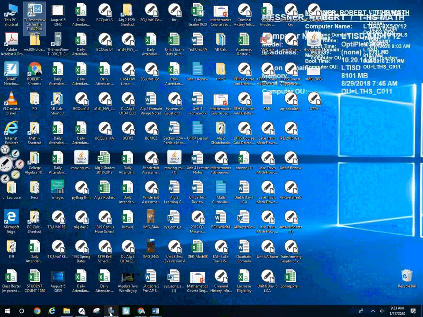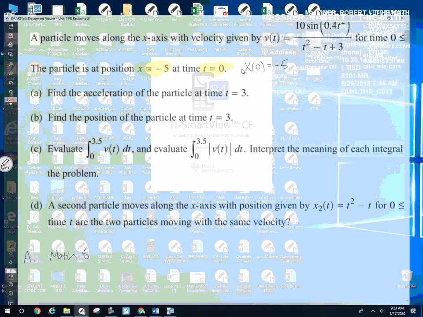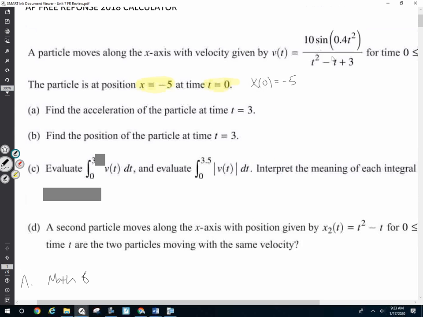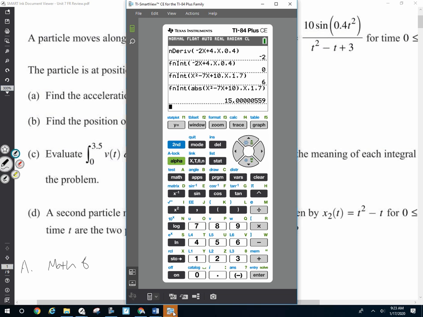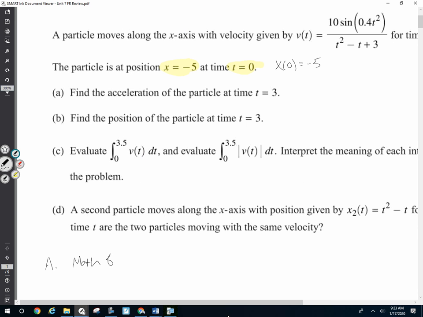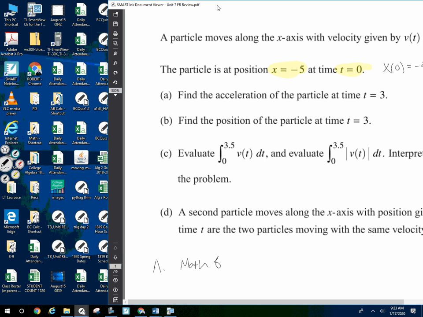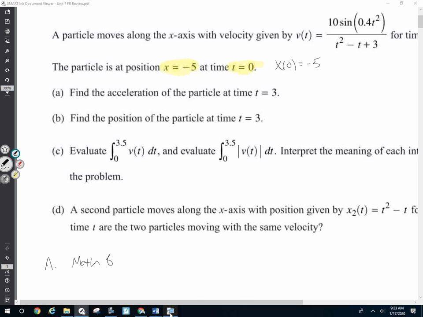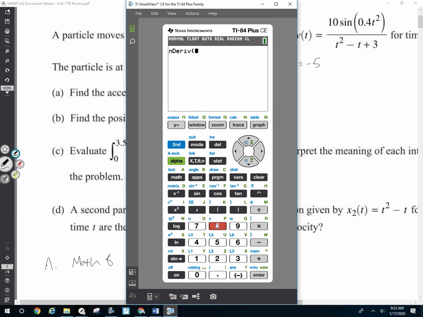Because I don't want to use derivative rules to take the derivative of this. It's got quotients, it's got a chain. So instead, in my calculator, I'm going to go Math 8, n-derive 10 sine 0.4 t squared divided by, I don't have to worry about the top in parentheses.